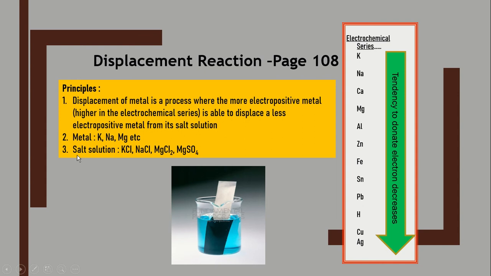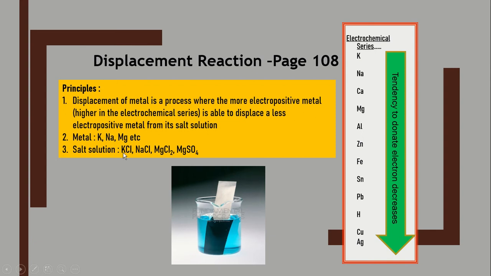So dalam larutan garam, salt solution, for example, potassium chloride, sodium chloride, magnesium chloride, and so many salt solution lagi. Okay, dalam semua salt solution ada metal. So metal ni biasa kat depan cation. So for the first case, for example, potassium chloride, KCl.